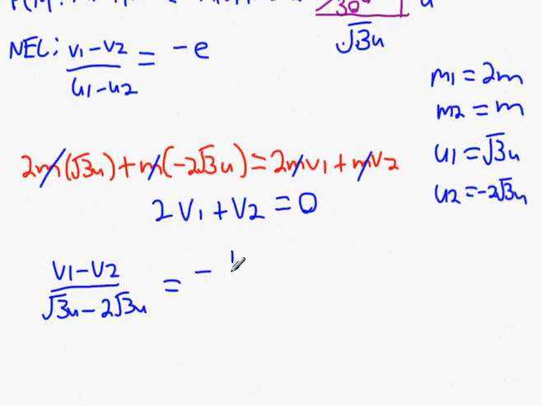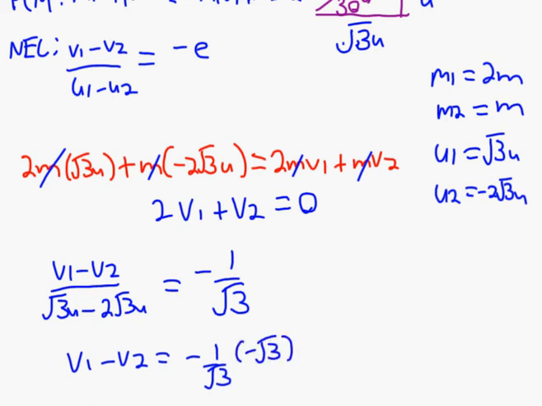So it's going to equal minus 1 over root 3 because it's minus E. Then we're going to cross multiply: v1 minus v2 equals minus 1 over root 3 multiplied by the minus root 3u, because if you take the two u's away from each other, it will get you minus root 3u. Cross multiply, the root 3's cancel, and we're just going to have v1 minus v2 equals u.